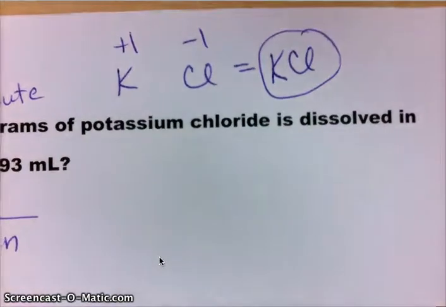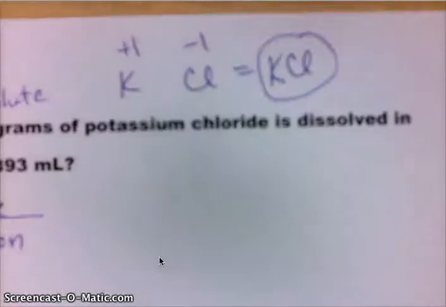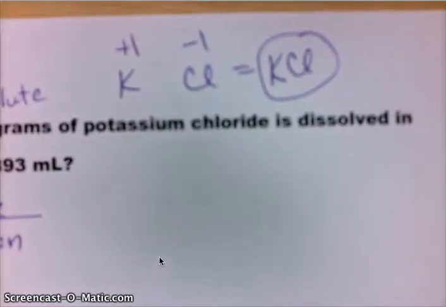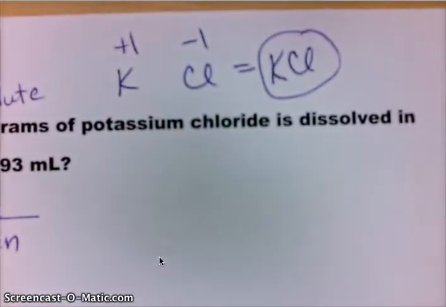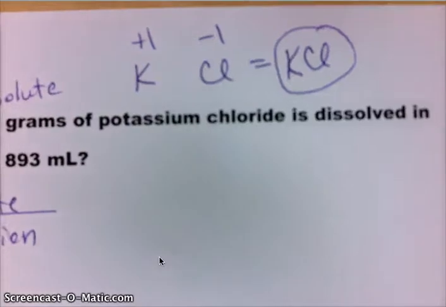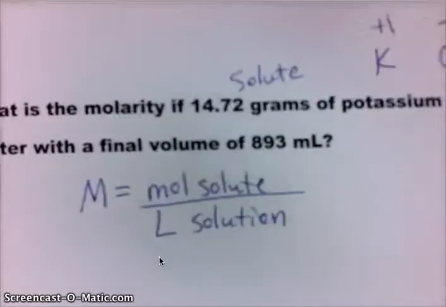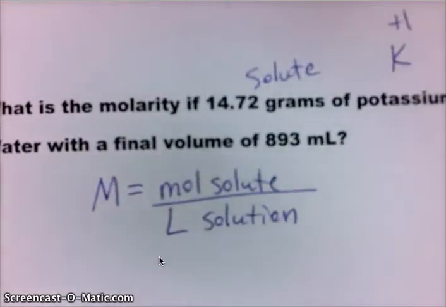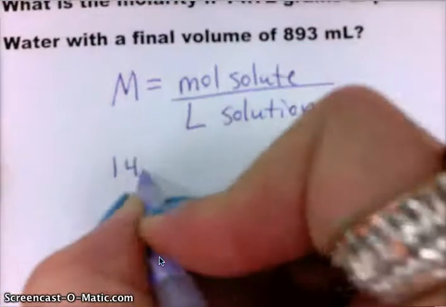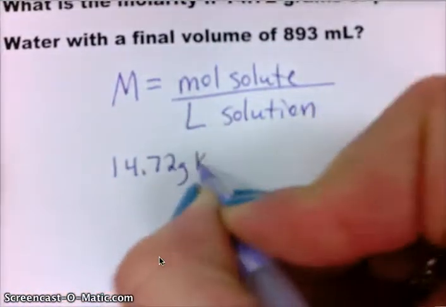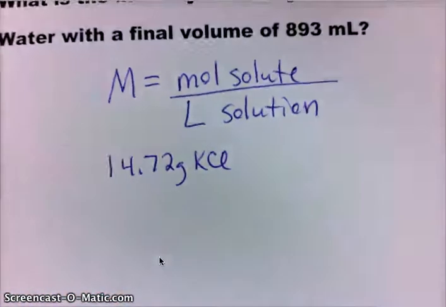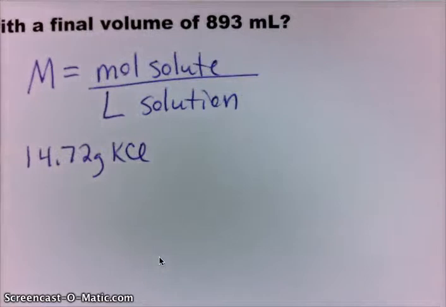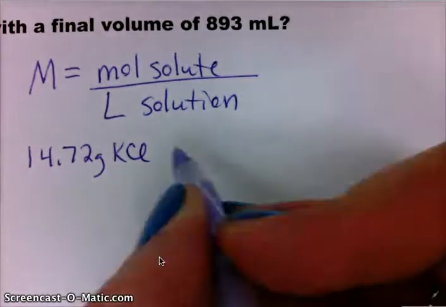Just one of each is needed, but we always have to check our charges when we write the formula of an ionic compound. So we're ready to change our grams to moles. We have 14.72 grams of potassium chloride. I need moles to go into my formula.